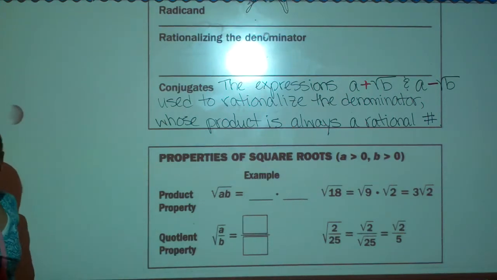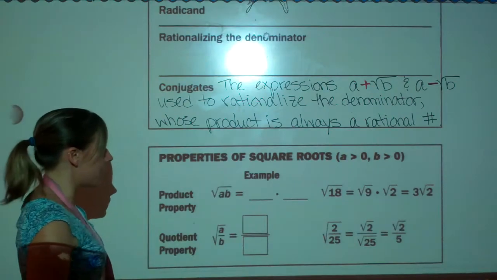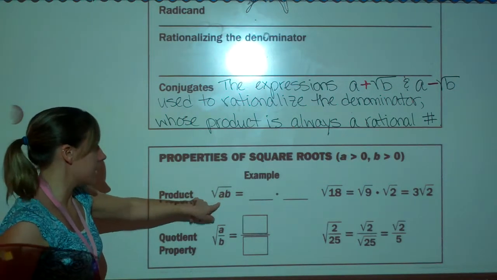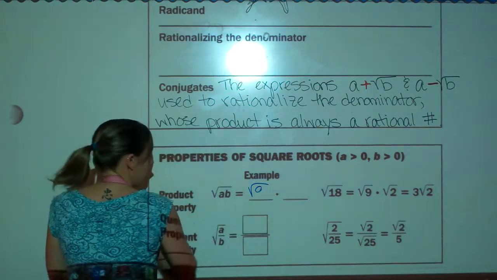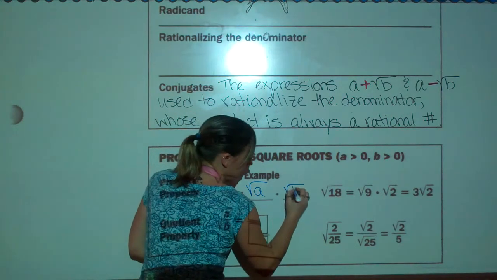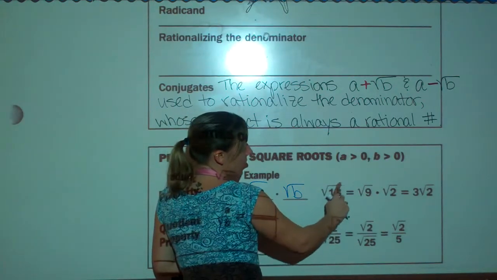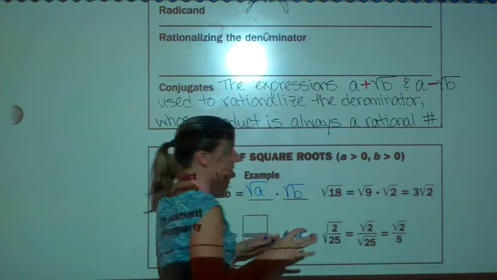All right, so then here are some rules about radicals, about square roots that we have to practice. If you're multiplying two things in a radical, you can actually split them up and square root them separately. So if we've got the square root of 18, we can split them up to the square root of 9 and the square root of 2.